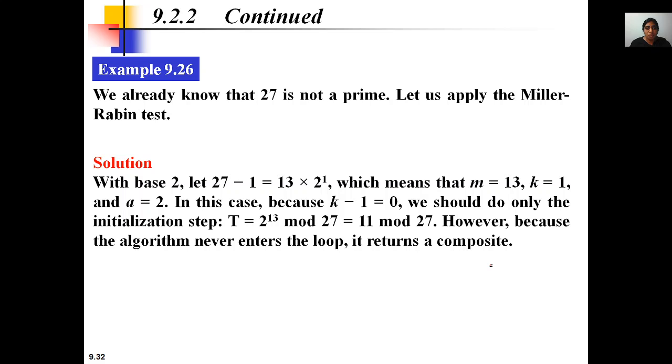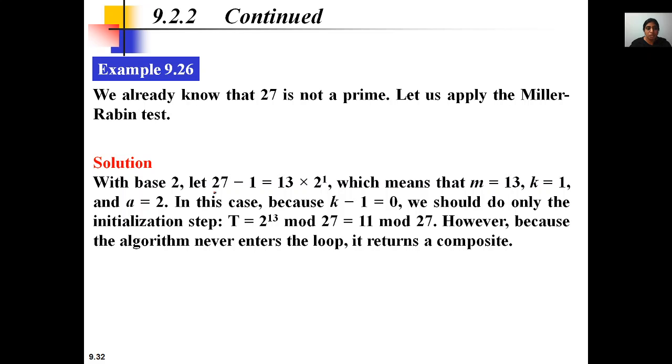You can also find whether 27 is a prime number or not using the Miller-Rabin test, with base 2. Whenever there is no base given in the exam or the problem, you can take the base value as 2.